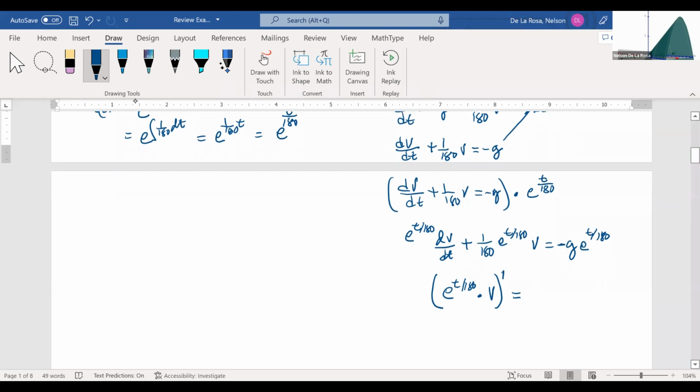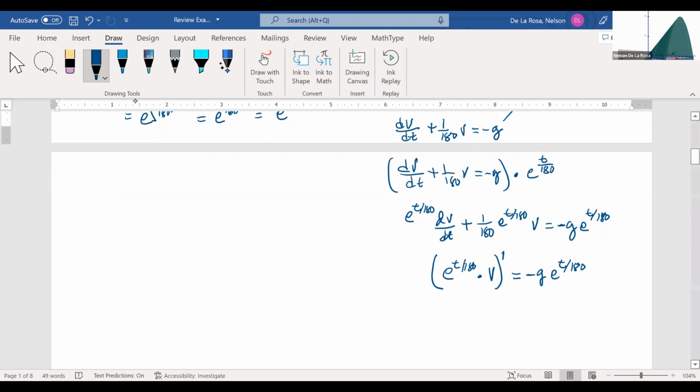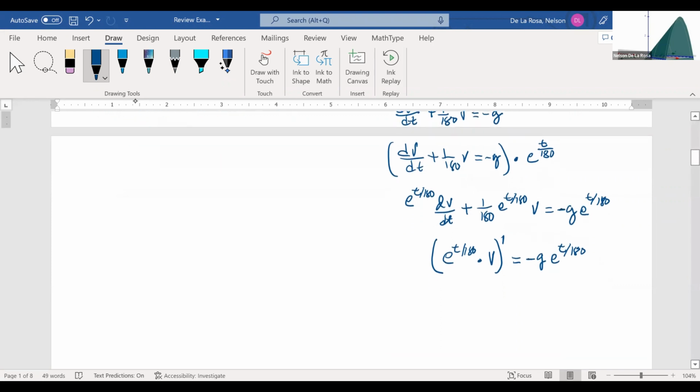And then the right is negative g e to t over 180. Then now, as expected, we can integrate. We now integrate on both sides.